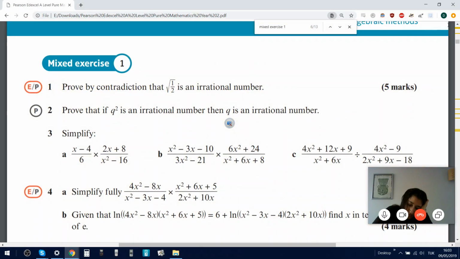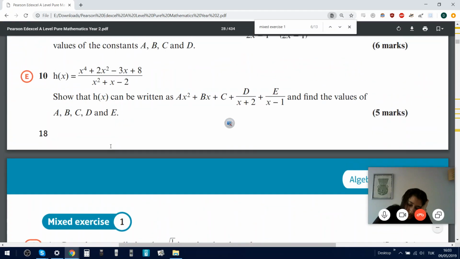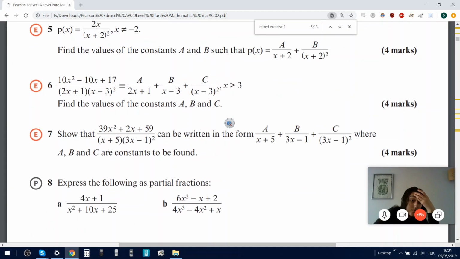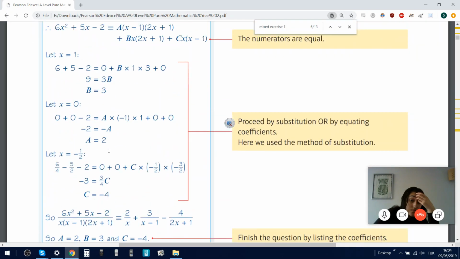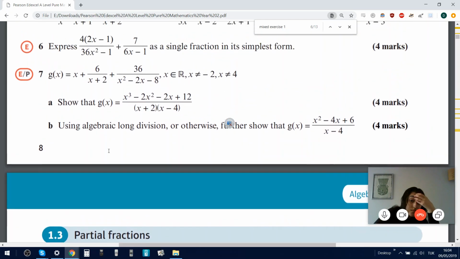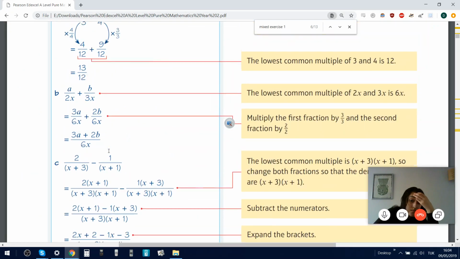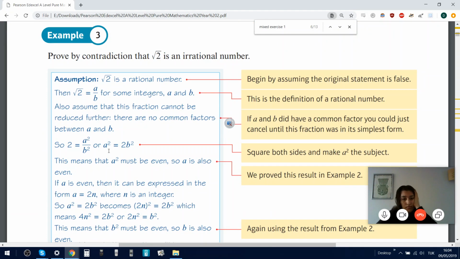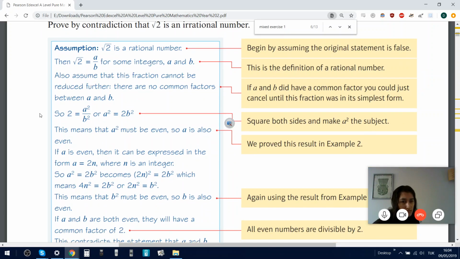So maybe we should just go back to where it comes from. So if it's root 2, you would assume that root 2 is equal to a over b, where a and b are integers, and so it can't be reduced any further.